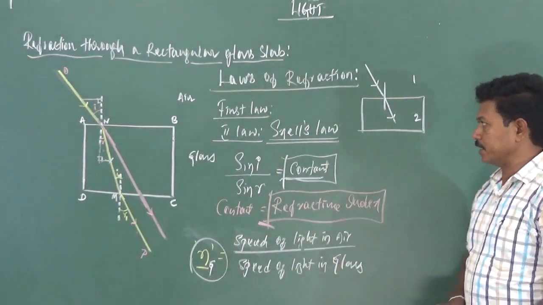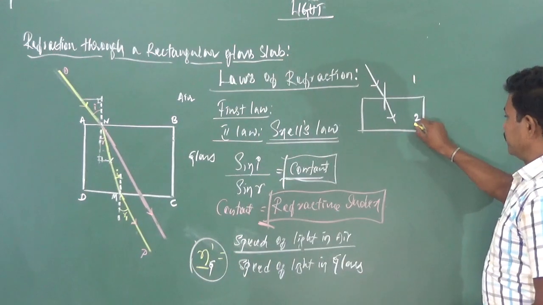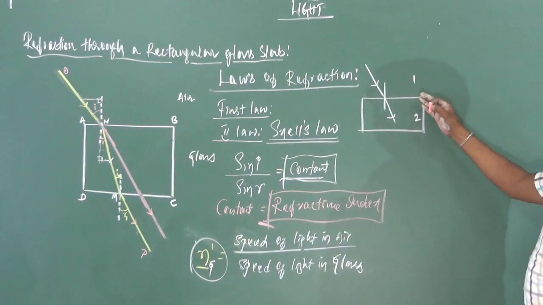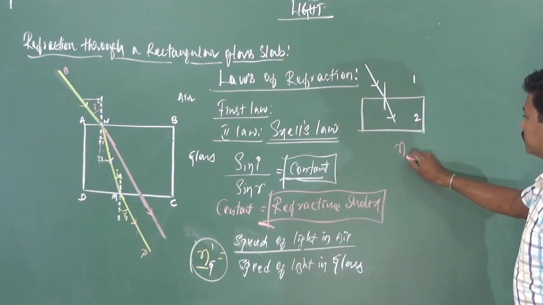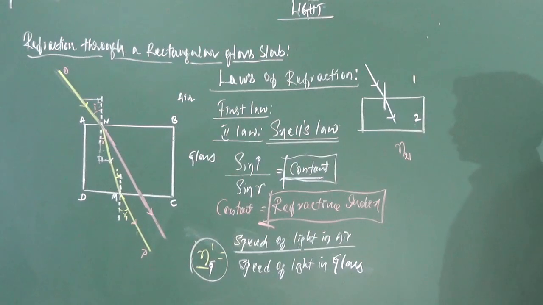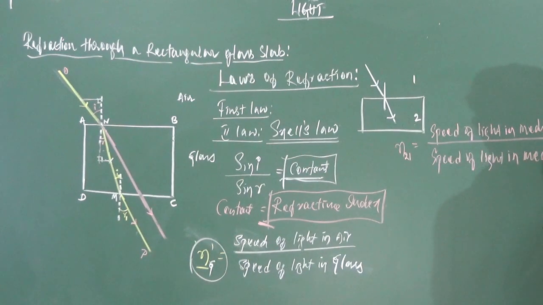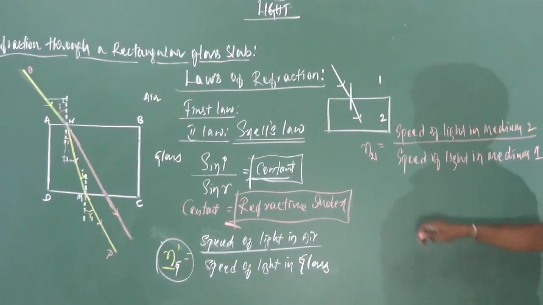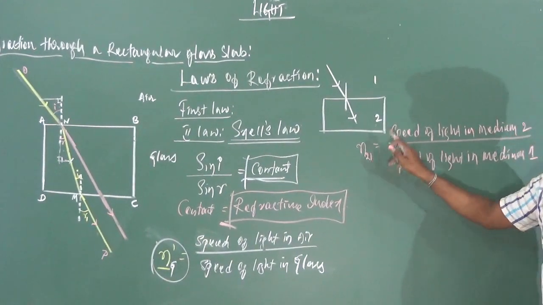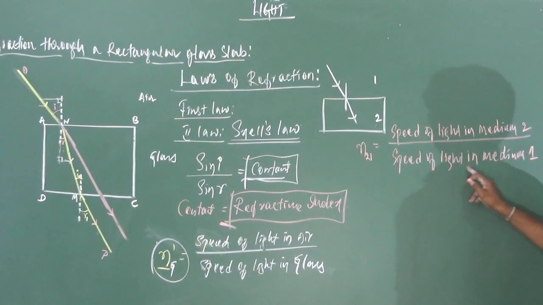If I represent this as Snell's law, the refractive index of the second medium with respect to the first medium is written as speed of light in medium 2 by speed of light in medium 1.